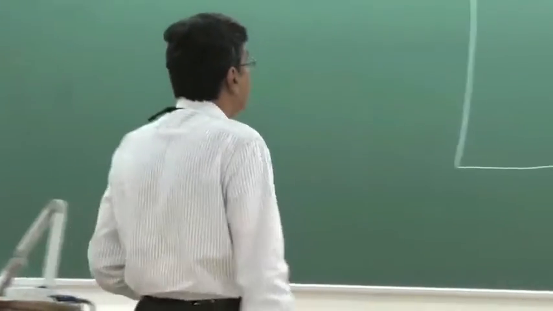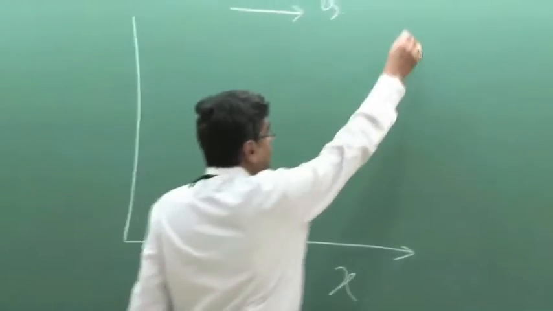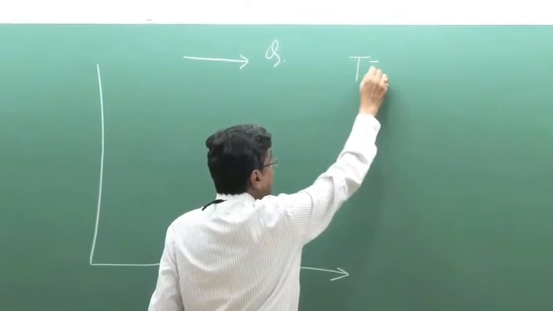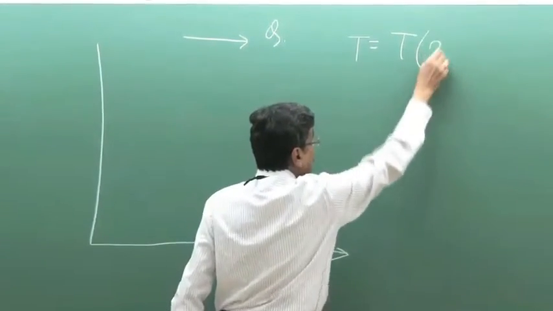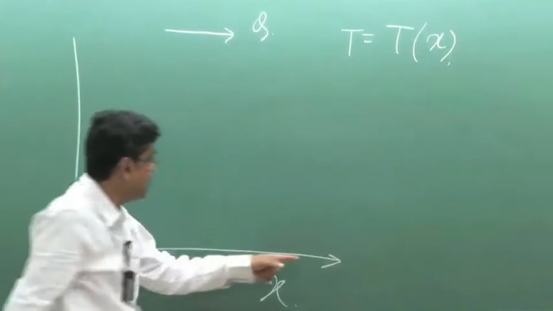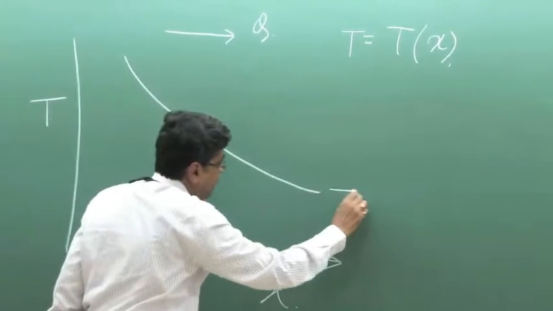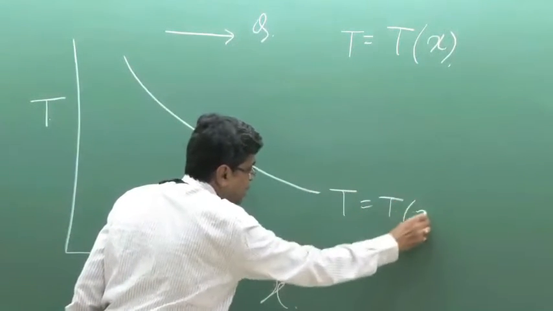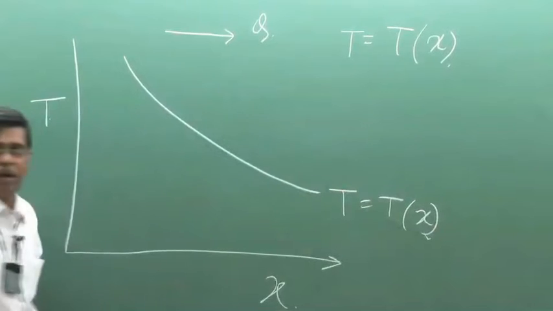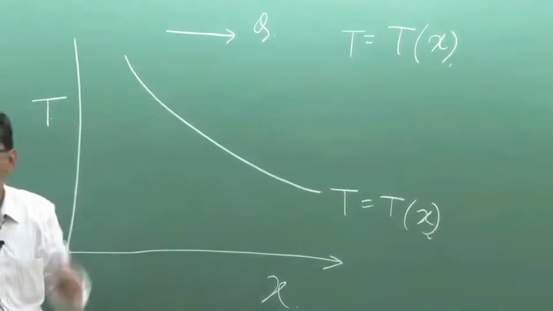Now, if we have a temperature field which is a function of x only, x is a space coordinate I give in the direction of the heat flow, and if I make an ordinate T here, I can show this like this, T is a function of x. So heat is flowing like this.